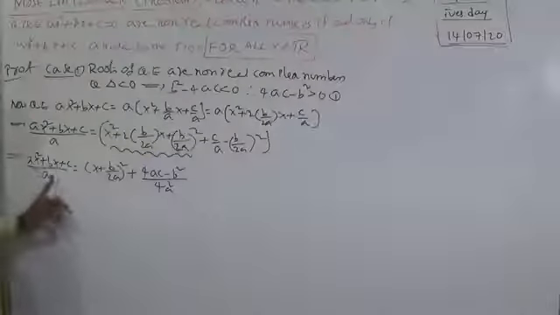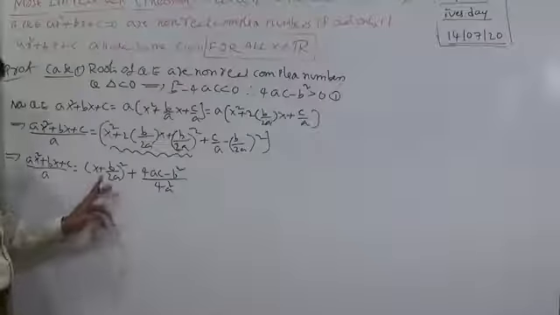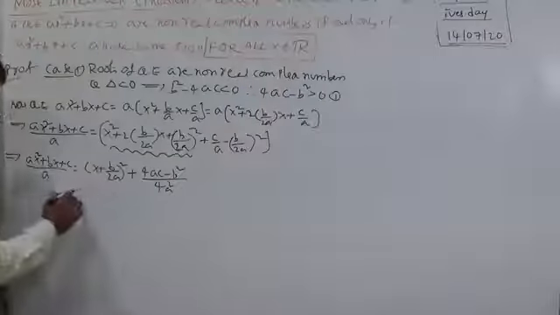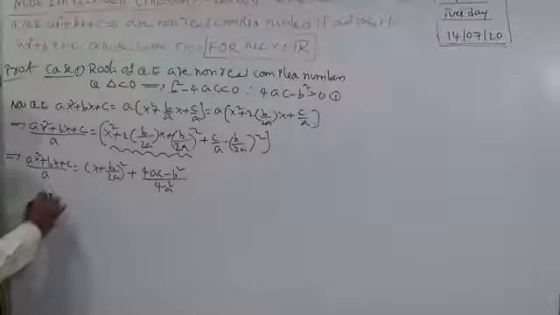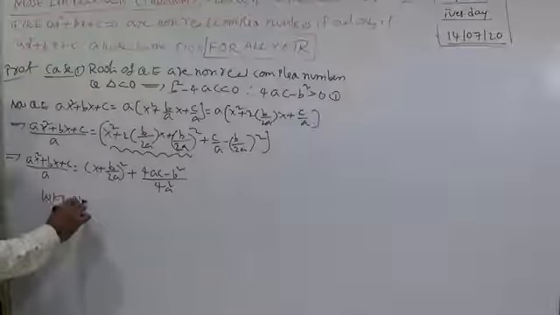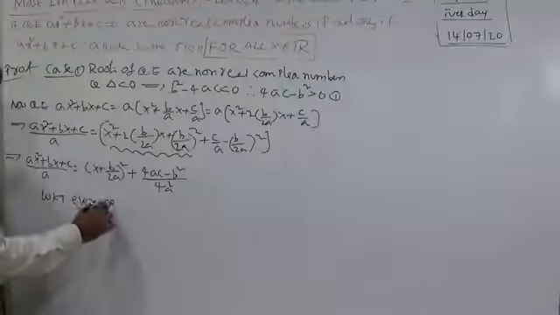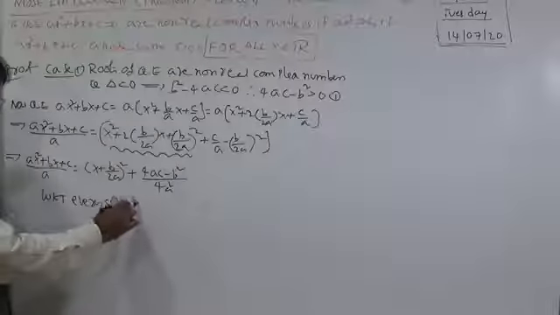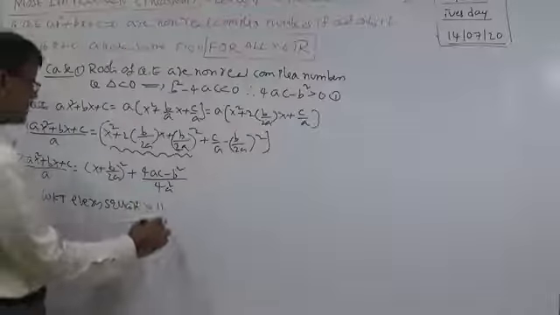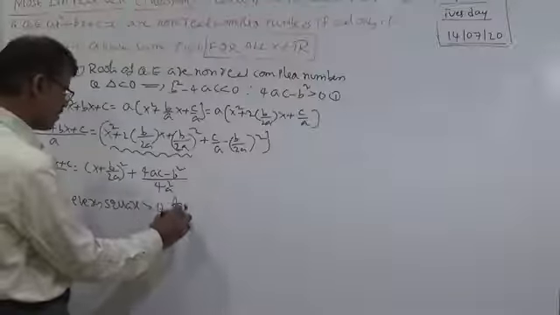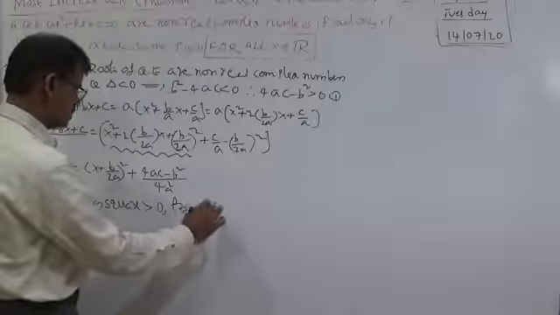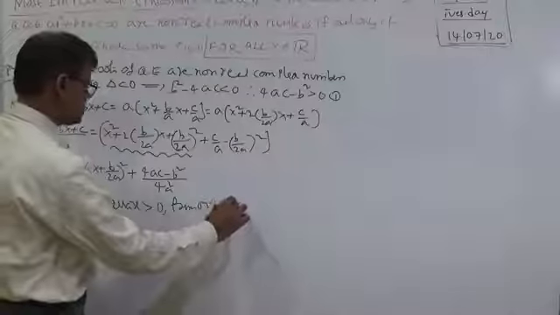Now we can understand that this is a square. We know that every square is greater than or equal to 0, from 1 I am writing, every square greater than or equal to 0 is there.